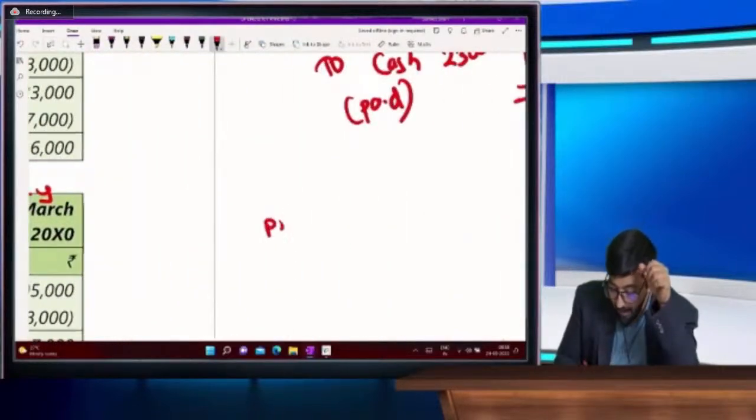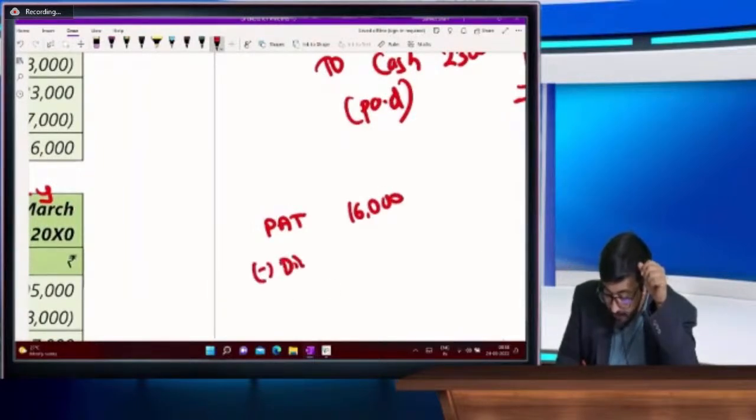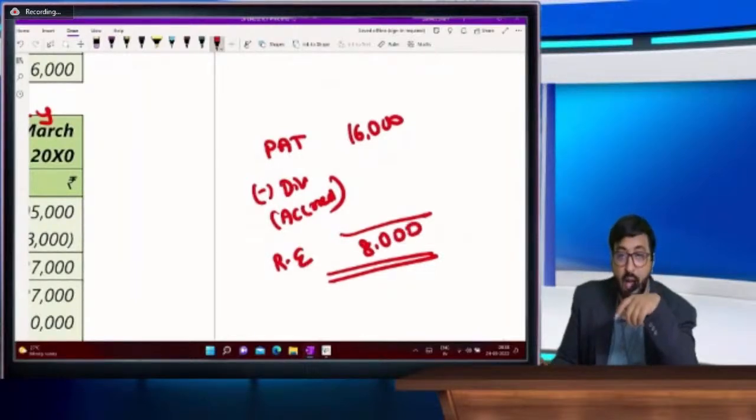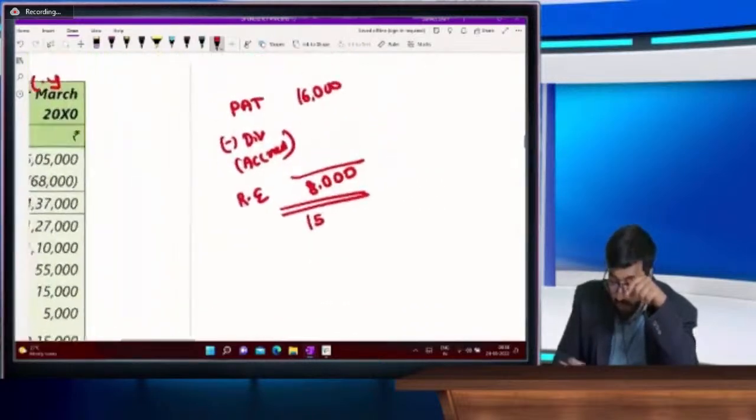So your PAT 16,000 less dividend accrued. Dividend in P&L means accrued, so you will get retained earnings. Retained earnings is 8,000. How are we getting retained earnings?